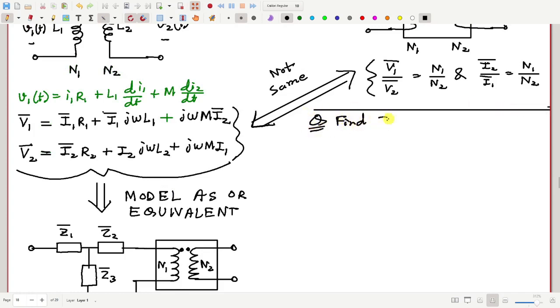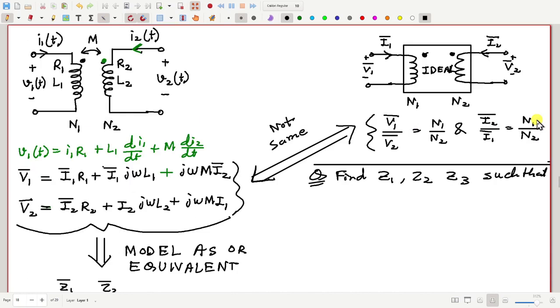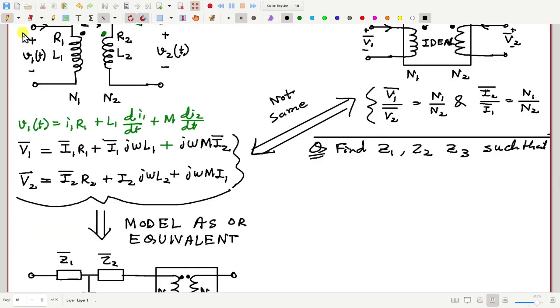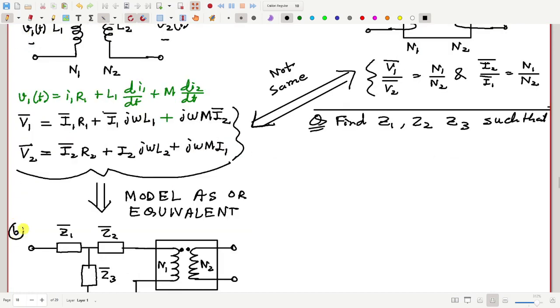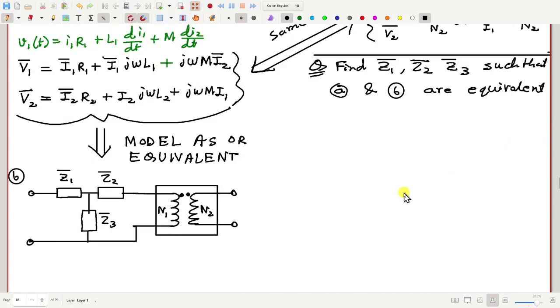Let me call one circuit A, and the other circuit B. So I have to find Z1, Z2 and Z3 such that A and B are equivalent. That is the task. Now how can we do that?